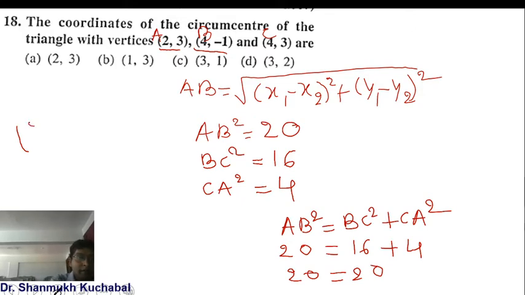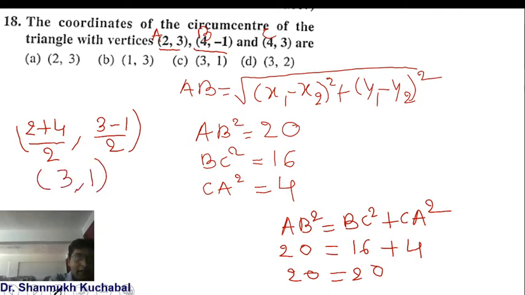The midpoint is (x1 + x2)/2, (y1 + y2)/2. Simplifying, we get (3, 1). So clearly option C is the right answer. Like this we have to solve it.